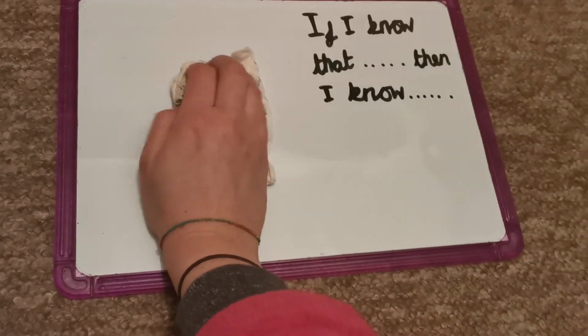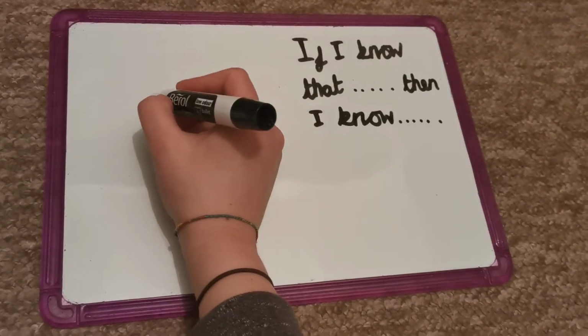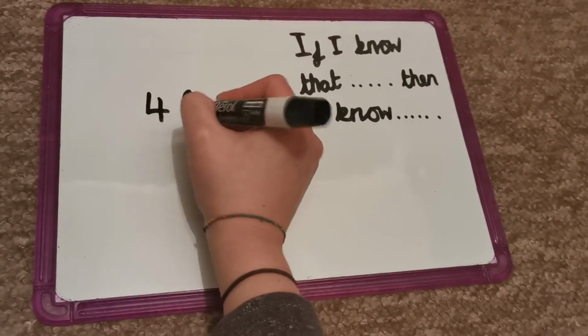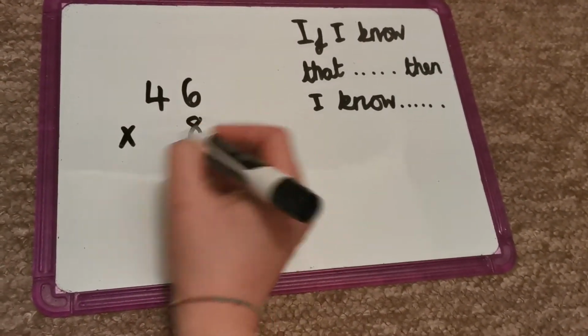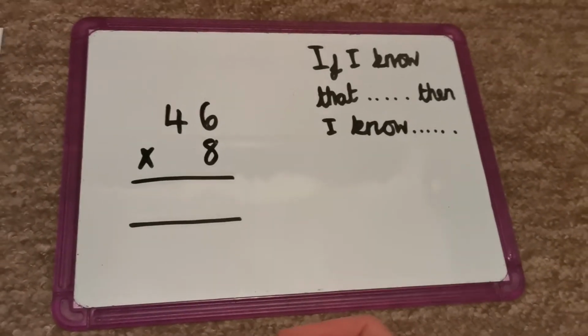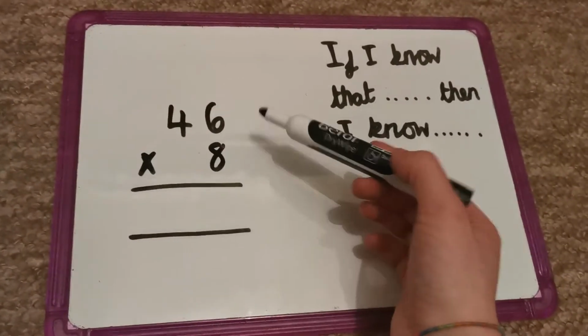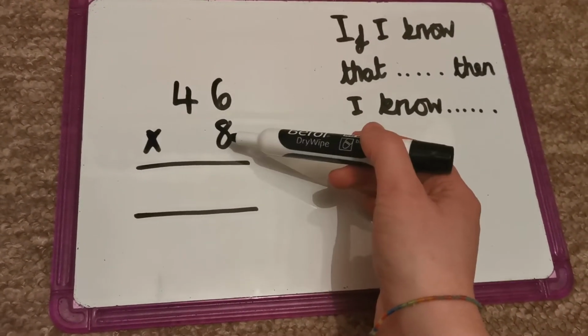At any point before I write these down, you could pause the video and have a go yourself and see if you get the same answer as me. So 46 this time, and we're multiplying it by 8. Making sure that I've got all my ones together and all my tens together, and any hundreds in the correct columns. What I need to do first is multiply 6 by 8.